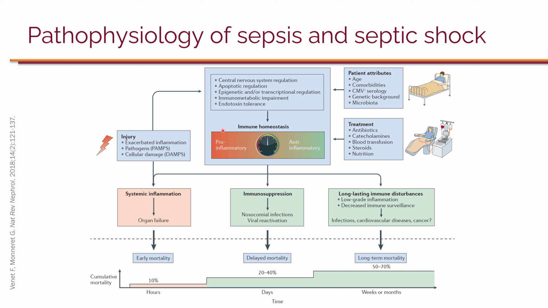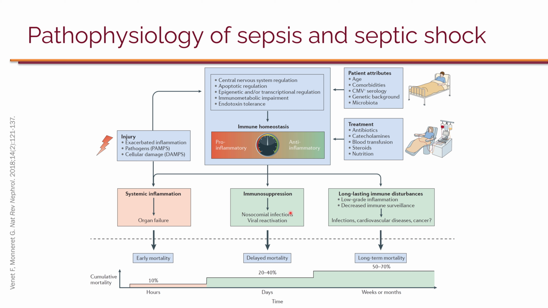problematic in these patients. So when you look at the timeline as the patient's sepsis develops, early on there will be systemic inflammation that can lead to organ failure. So you have some early mortality as a result of that. So this happens within hours. And then as the body struggles to balance the pro-inflammation and anti-inflammation to maintain homeostasis, there is ongoing immunosuppression that can result in delayed mortality, which happens over the next few days.